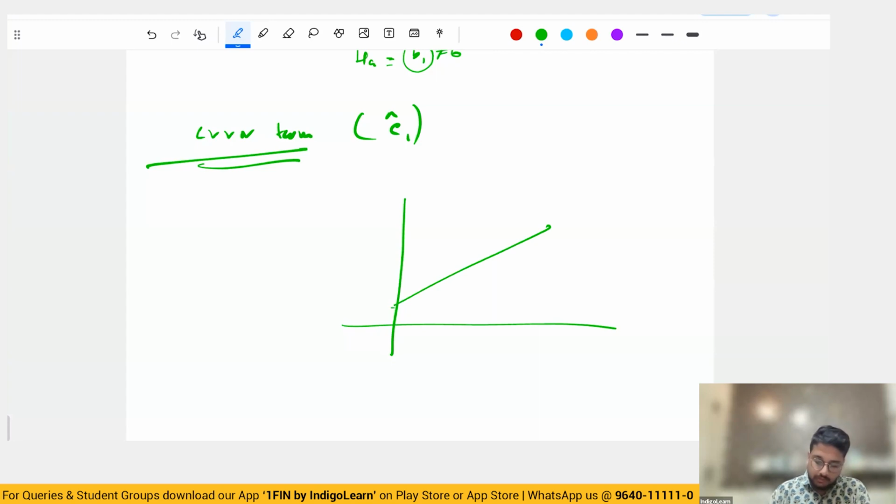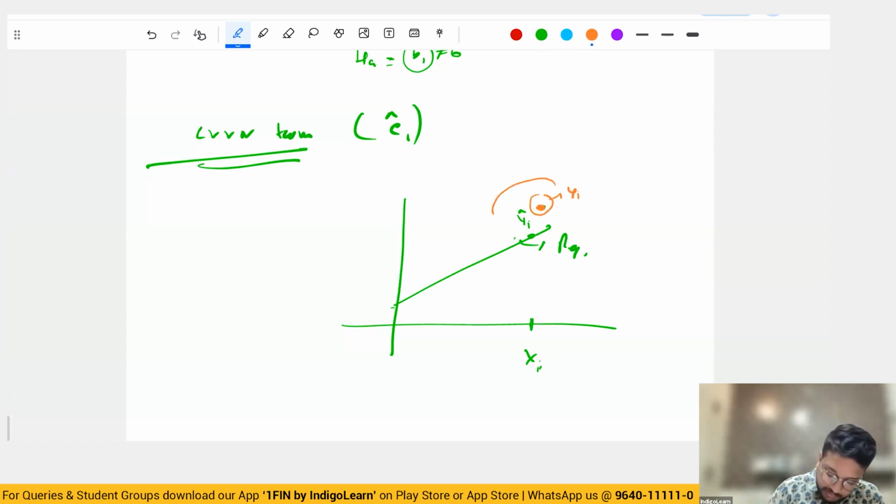Perfect. So basically, let's say this is my regression line, and on this particular xi, the regression line is saying that the y value should be this. Let's call it yi naught. But the actual realized value is, let's say, somewhat this, which is yi.